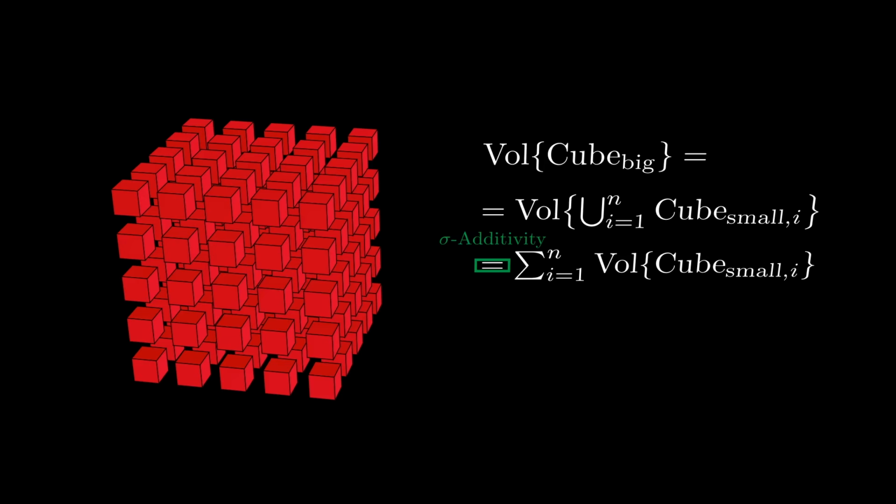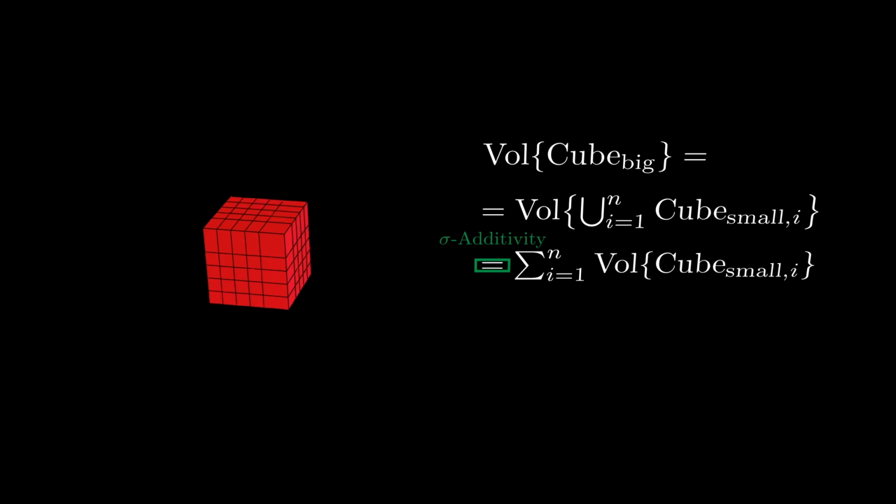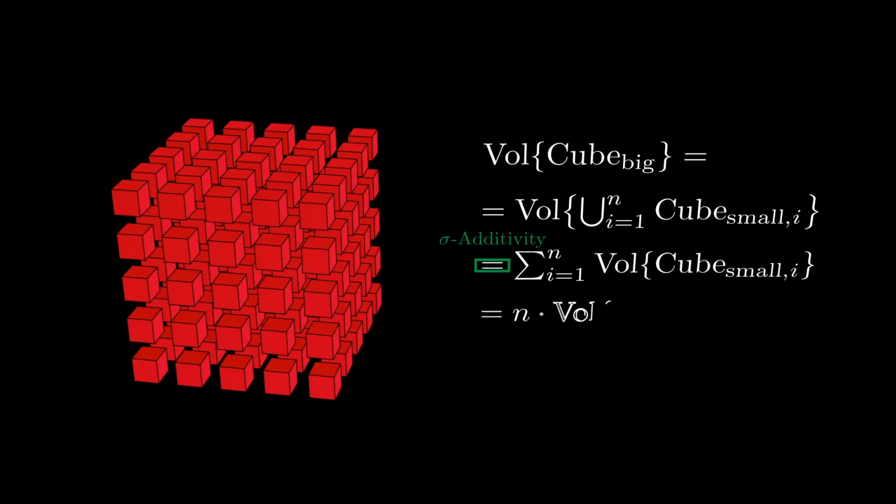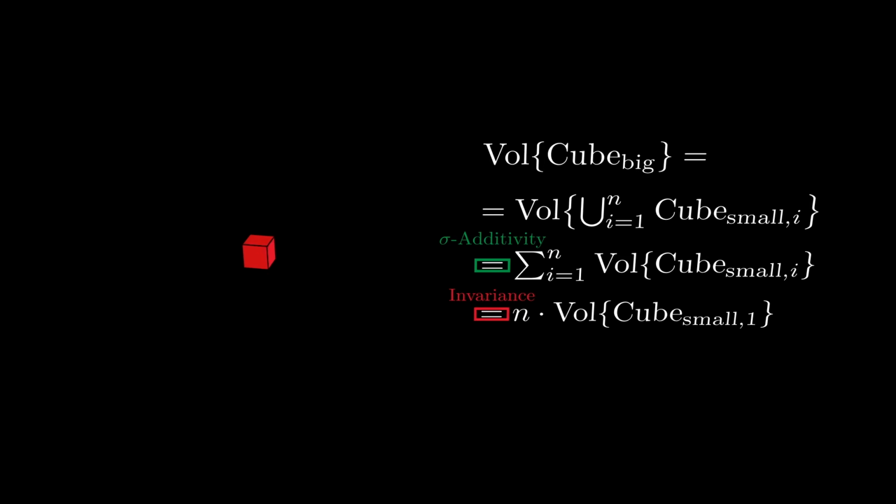And since these small cubes all have the same shape, we can conclude that the sum is actually the same as n times the volume of one of the small cubes. So by rearranging, we know that the volume of each small cube is simply 1 over n times the volume of the unit cube.